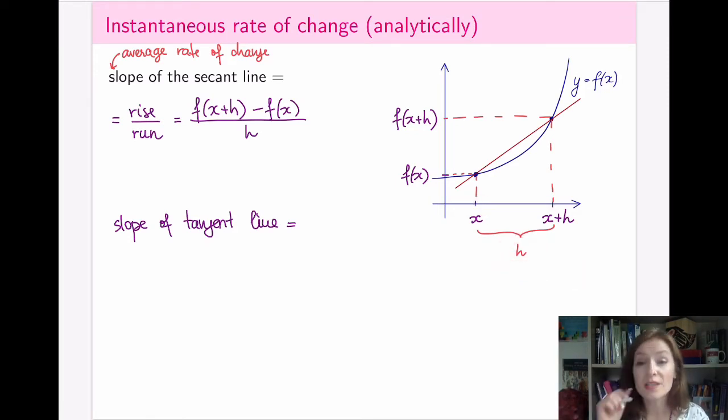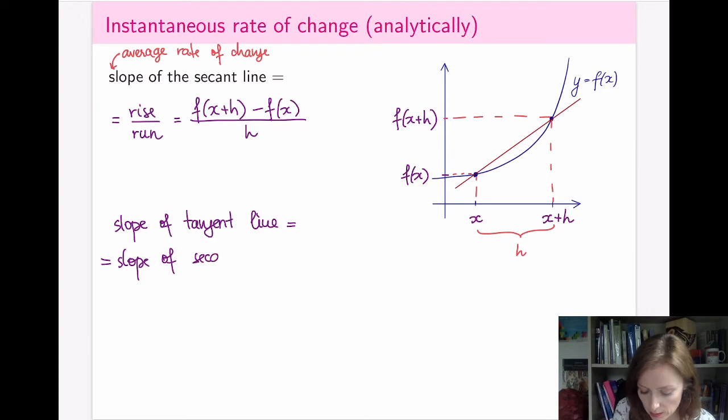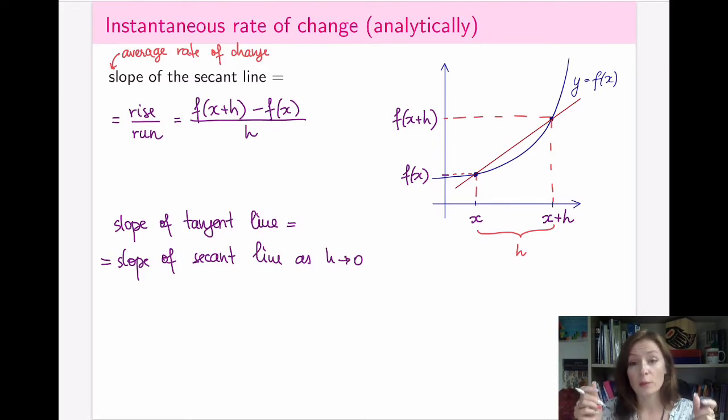So the slope of the tangent line is the same as the slope of the secant line as h goes to 0. I would like to make h as little as possible, essentially 0, and that will be the slope of my tangent line.